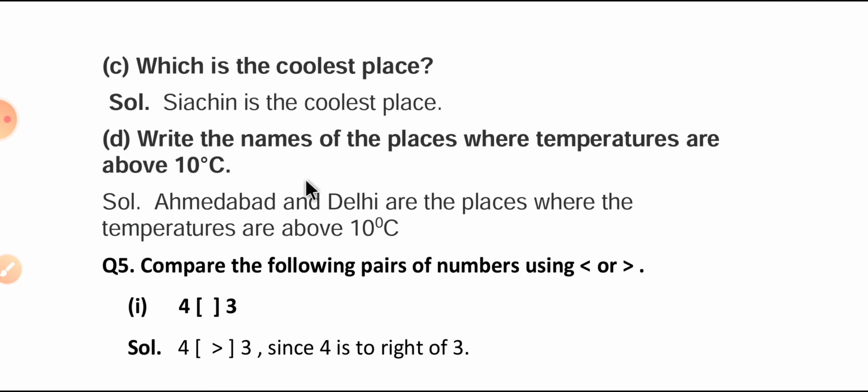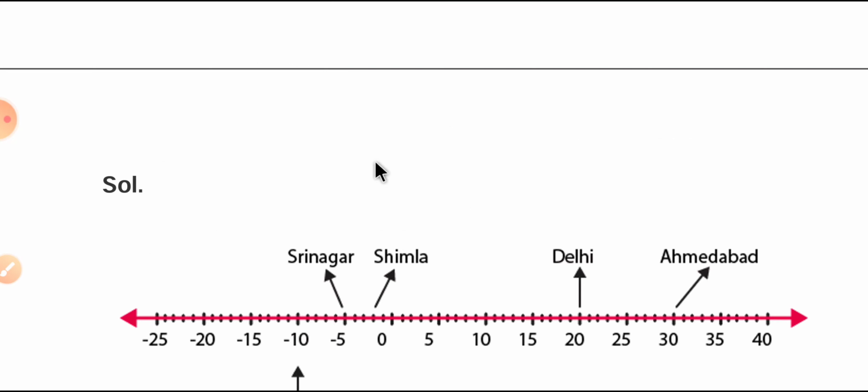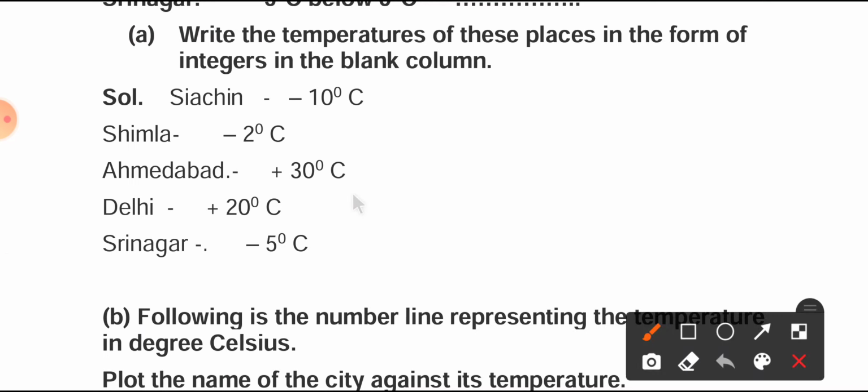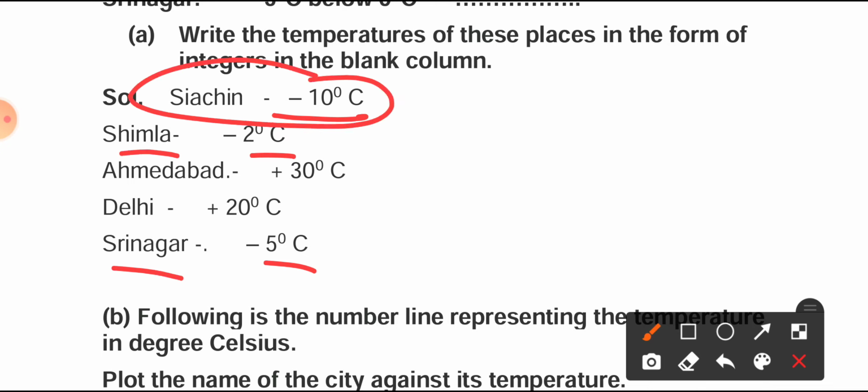The last one: write the names of the places where the temperature is above 10 degrees Celsius. Here we have to find the places having a temperature greater than 10 degrees. So you can see that Siachen, Shimla and Srinagar all have negative temperatures. It means they are less than 10 degrees Celsius.